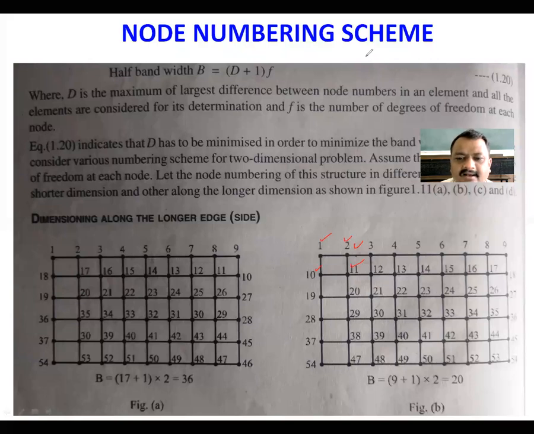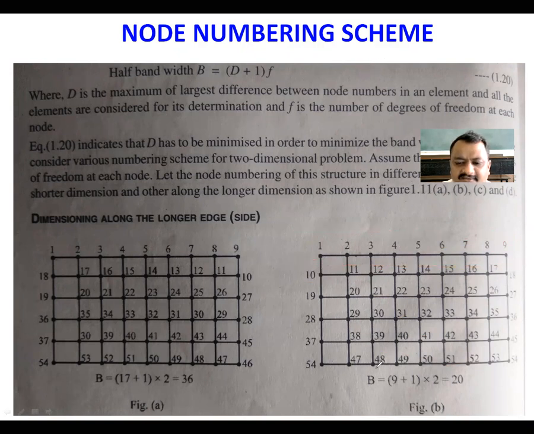This is the maximum, largest difference between the node numbers in an element, with all elements considered. Among all the elements in the whole problem, whichever is the largest difference, we consider it, right? If I follow the same procedure, numbering in this direction and again in this fashion, the largest difference here is 9.